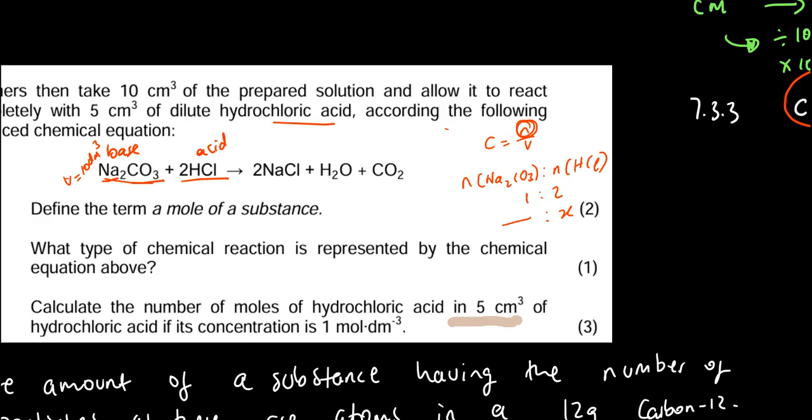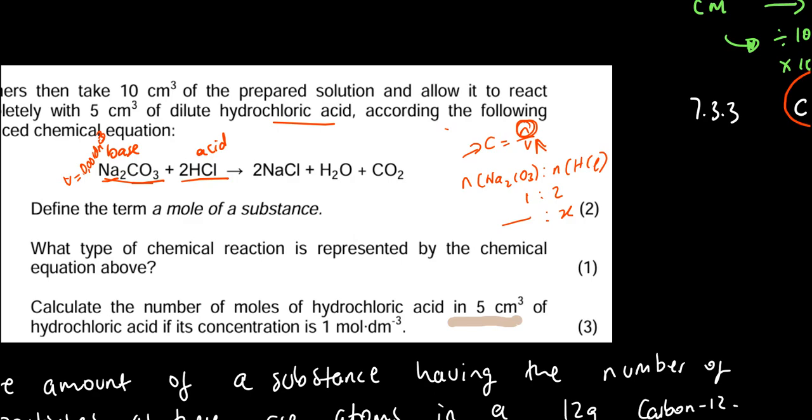Remember, when you convert it, it becomes 0.001 decimeter cubed. But it is not enough to find the moles of HCl using the molar ratio, because you can't use just the volume to get the number of moles. You need the concentration.